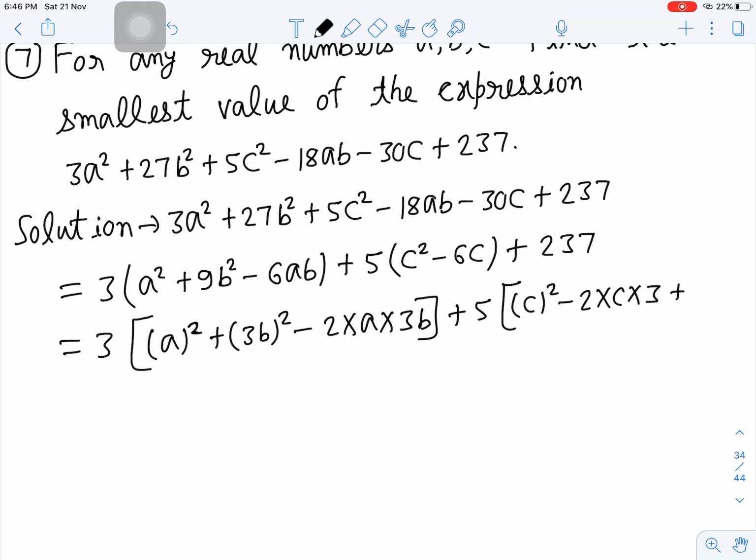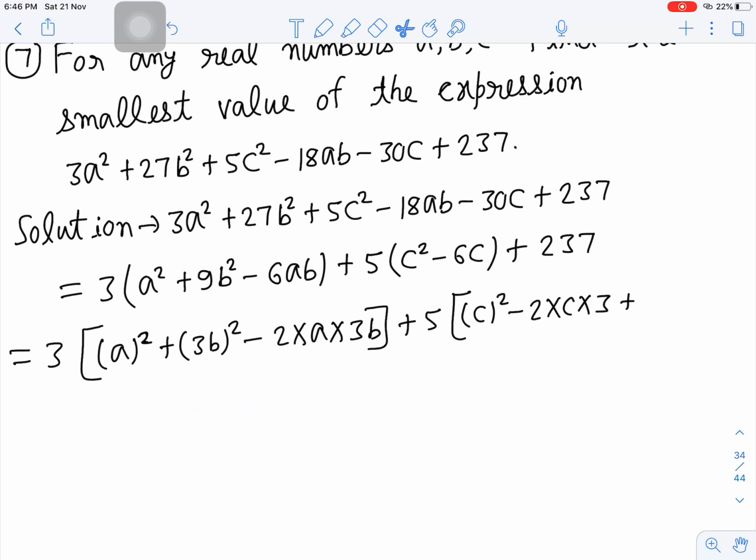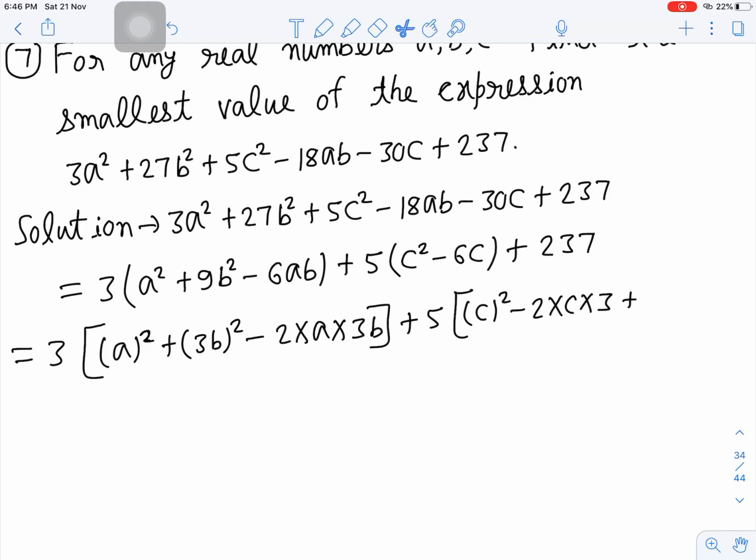Then to complete the square, you will write plus 3 square, and to balance it you will write minus 3 square. Is it clear? Because this term is like a square, then this is like minus 2ab. Then to make a whole square we need plus b square, but when you write plus 3 square, to balance it you need minus 3 square and then plus 237.